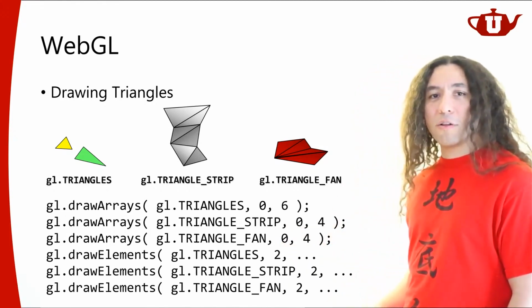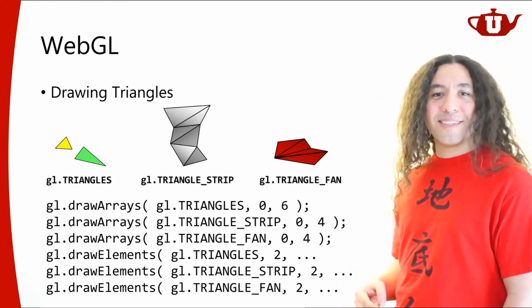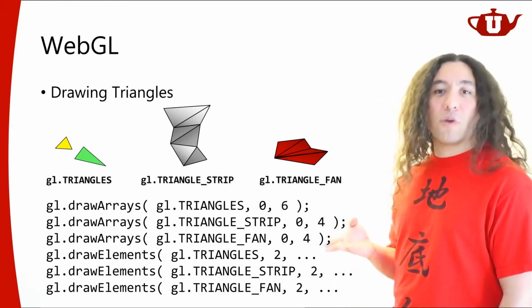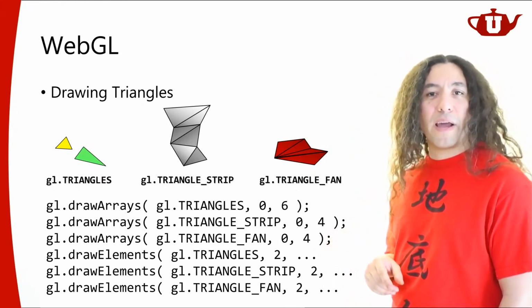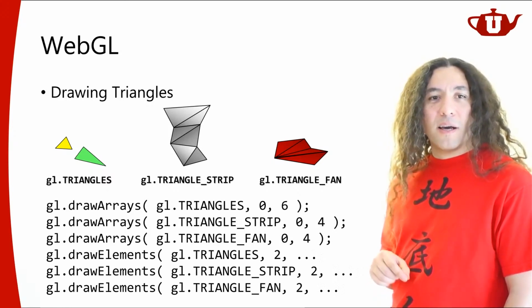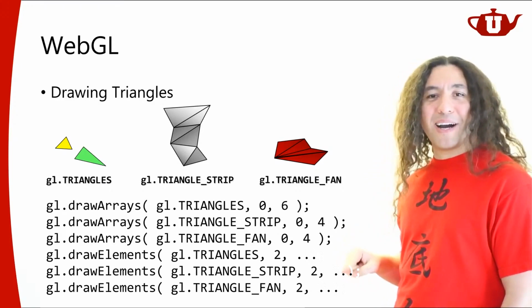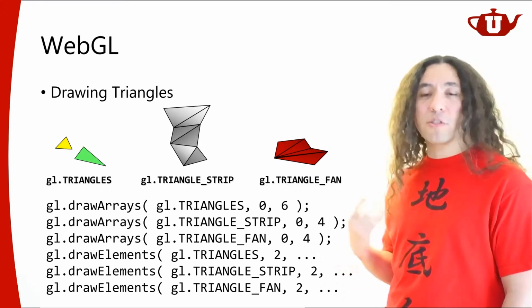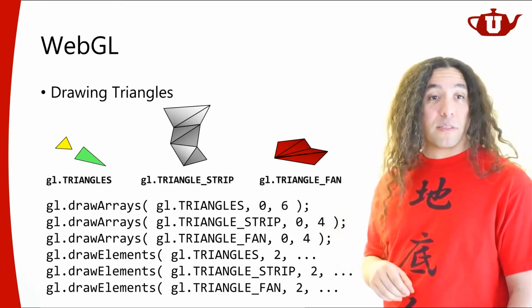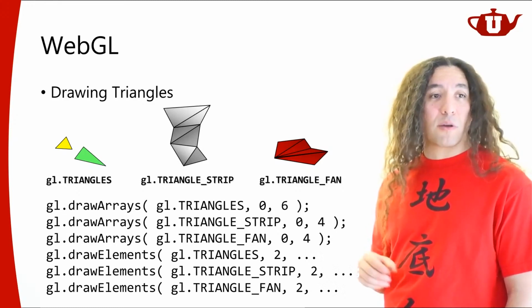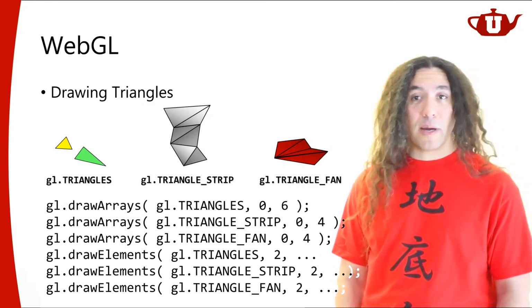So I can just call glDrawElements using triangles or triangle strips or a triangle fan, in which case my index duplication is going to be minimized by this formulation. Also, it's going to be more efficient for the GPU to process them. It's going to have to process less data that way.